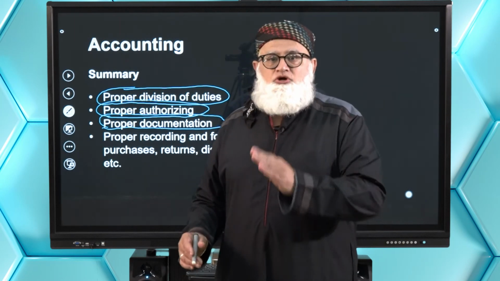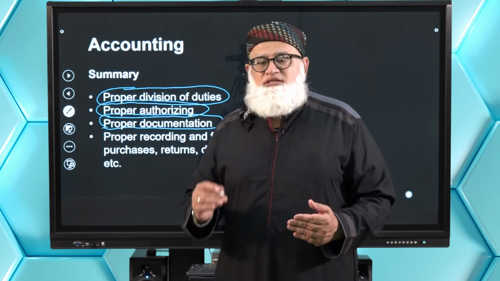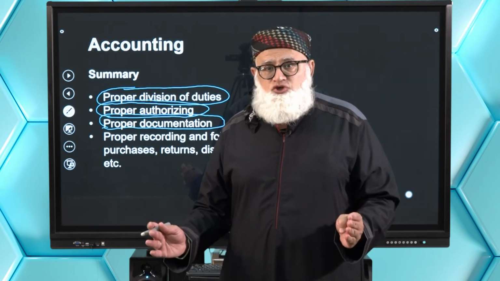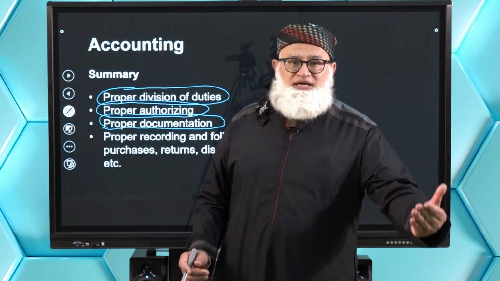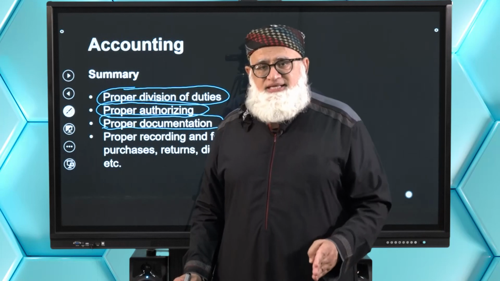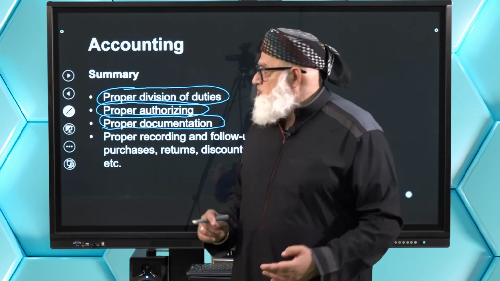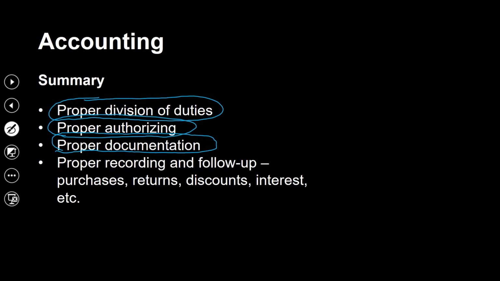Tick the box, move on. Have all the documents been submitted? Tick the box. In that way, the profile is completed. Now your debtor is authorized to buy goods from you. Is there a limit for your debtor? Yes, there is. Is the debtor complying with the limit? Tick the box. In that way, we make sure that there's proper recording and follow-up of purchases, returns, discounts, interests, etc.